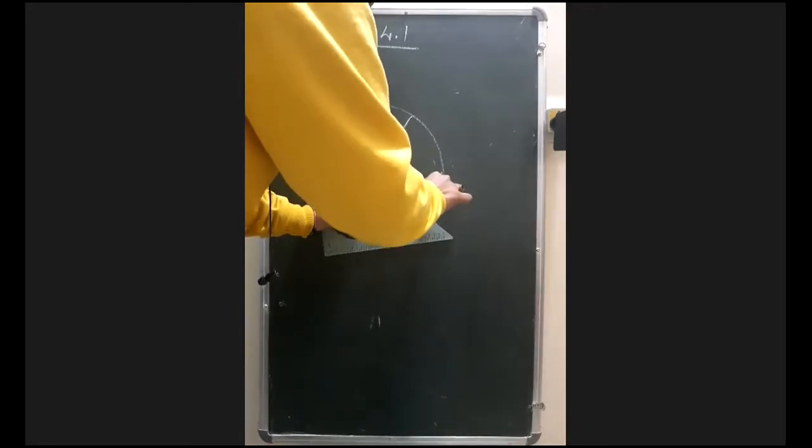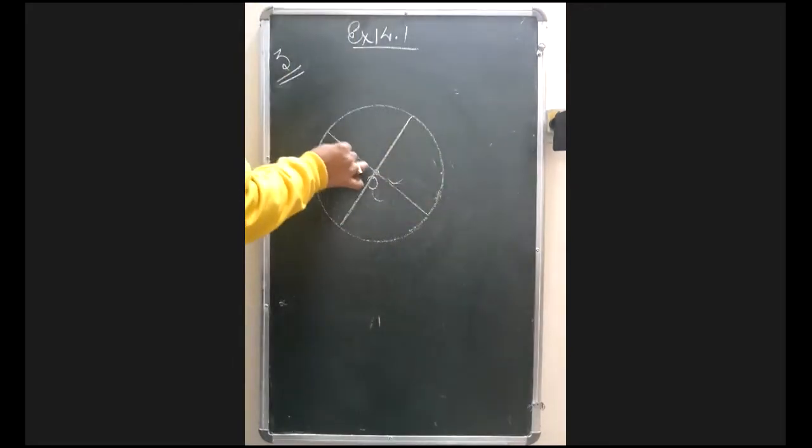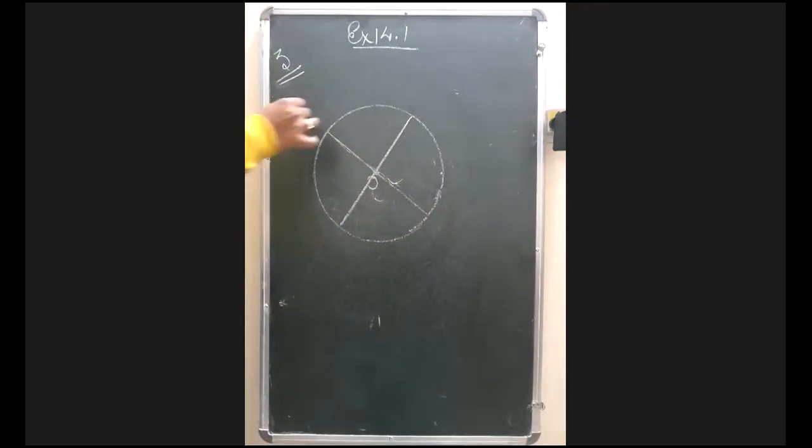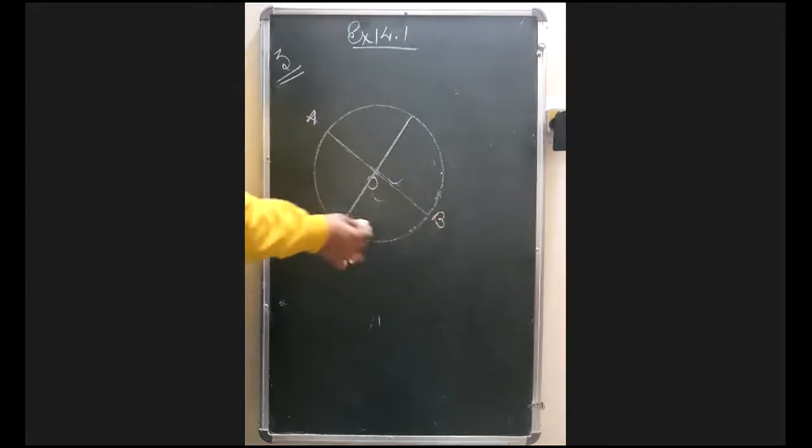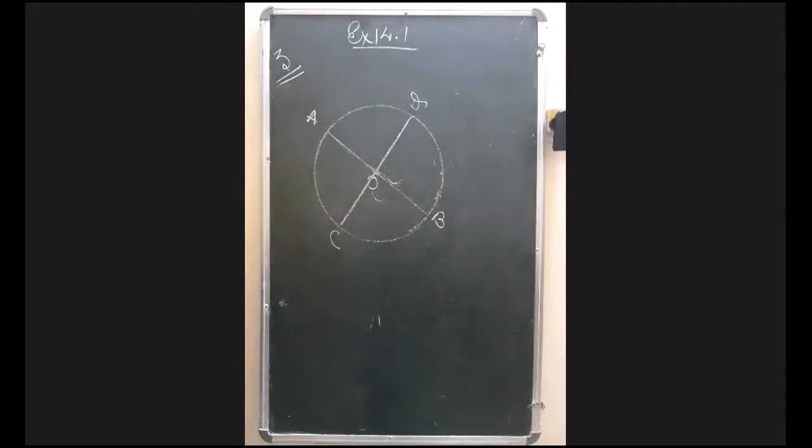I took these two diameters. Okay. I'm giving the names A, B as one diameter, C, D as the other diameter. So I took two diameters as the question was telling.